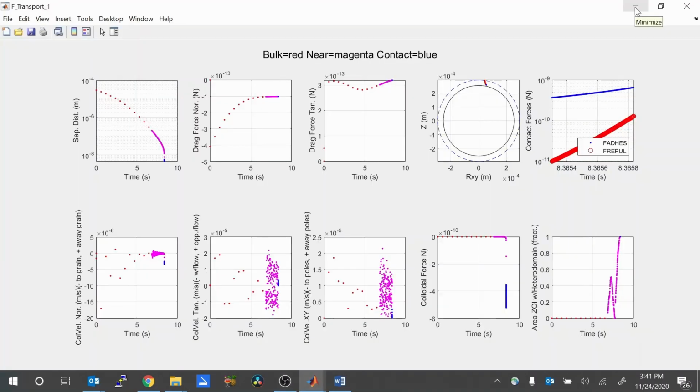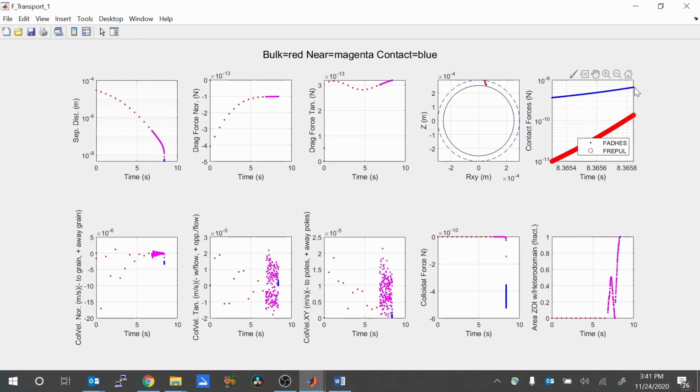So this one's taking a little while to resolve, even though I've got the provisional attachment displacement factor for contact set at 0.1. And that's because the heterodomain is filling the entire zone of influence, which means there's a very strong attraction. That's why the adhesive forces were very high, going up to almost a nanonewton.